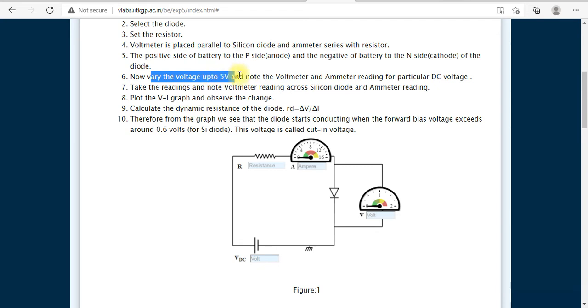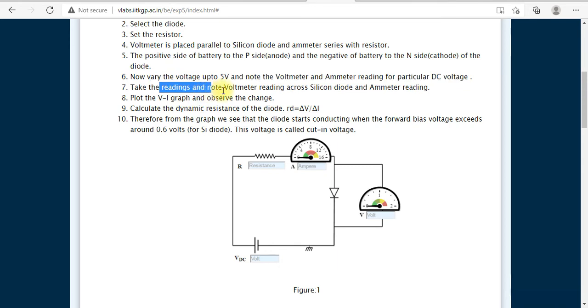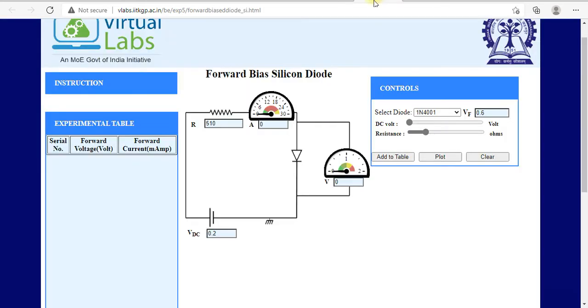Now vary the voltage up to 5 volt and note the voltmeter reading for the particular DC voltage. Take the reading, note down the voltmeter reading across the silicon diode and the ammeter reading, and plot the VI characteristics. Let us see.